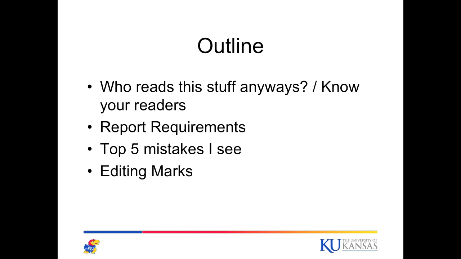So before we can jump into the actual report requirements, we'll talk a little bit about the different types of readers. Once we do that, we'll go through the various sections of the reports and what I want to see. And then we'll go over the top 5 mistakes that I see and that most students lose the bulk of their points on. If you can avoid those 5 mistakes, you'll typically do very well.